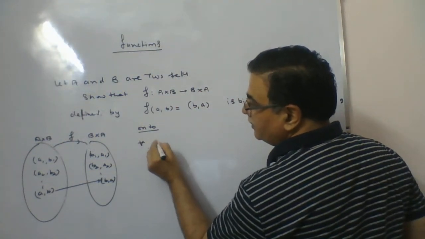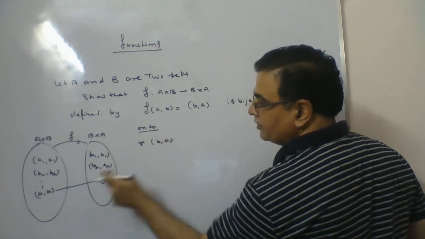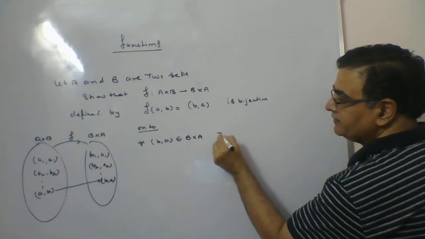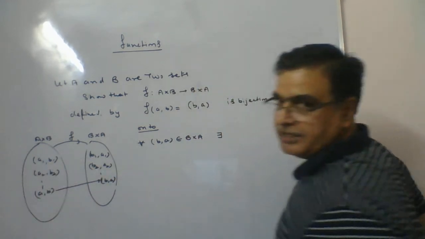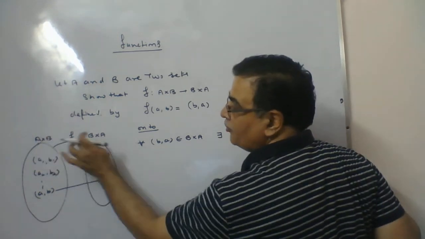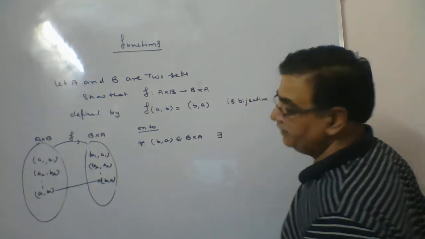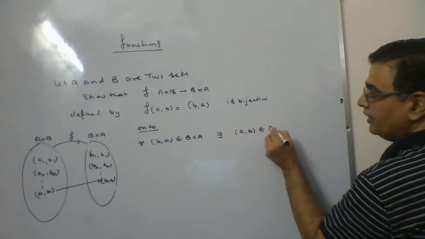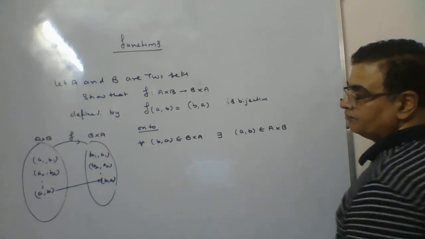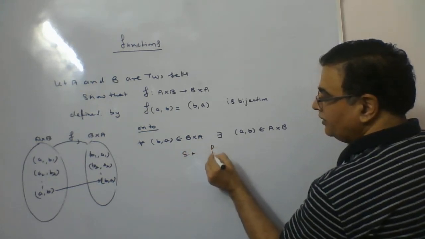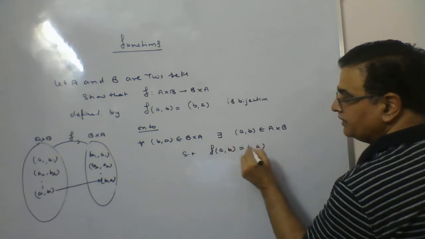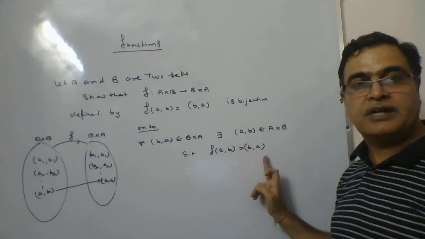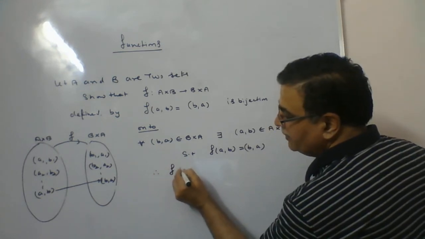For all (b, a), which you take from here, belongs to B cross A, there exists (a, b). If (b, a) is here, then automatically (a, b) is present here, because these sets are the same, A cross B and B cross A. So we'll say for all (b, a) belonging to B cross A, there exists (a, b) belonging to A cross B such that f(a, b) comes out to be (b, a). For every (b, a) there is (a, b), and this is the condition of the function such that f(a, b) is coming (b, a). Therefore, what I should say, f is onto.